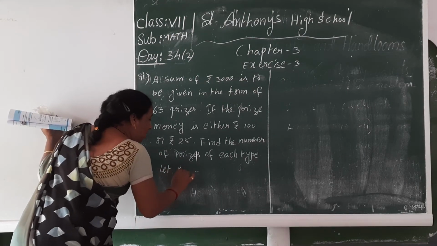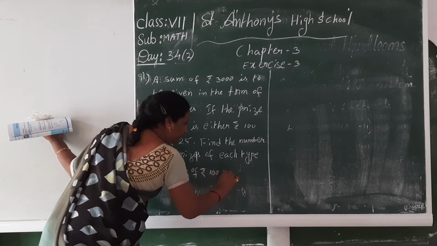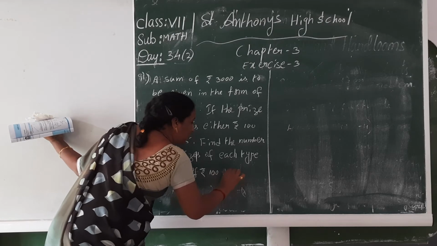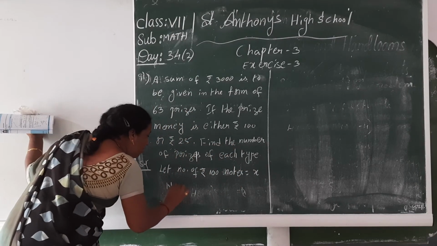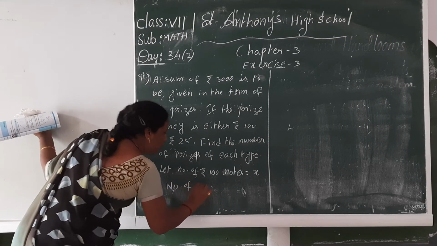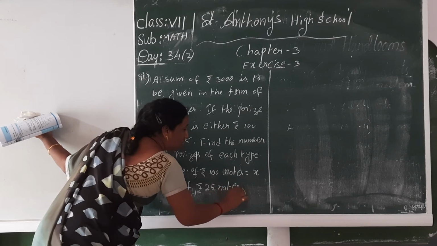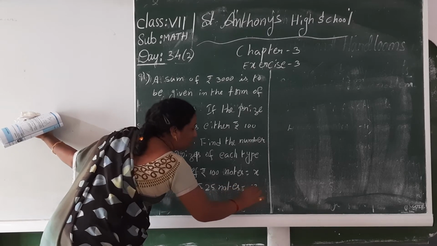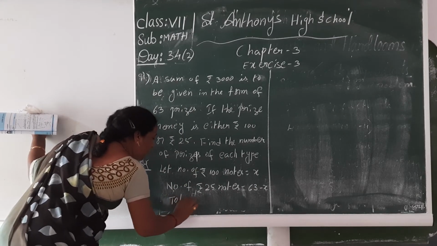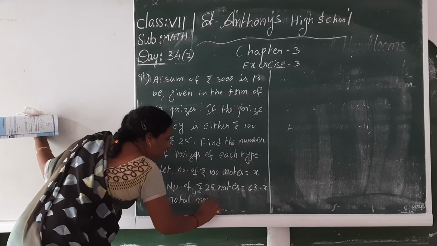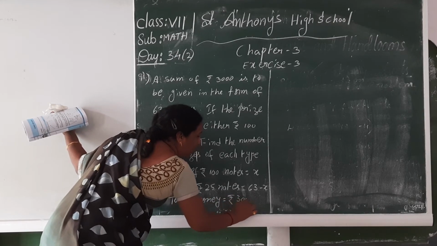Let the number of 100 rupee notes be x and number of 25 rupee notes be 63 minus x. Total money is ₹3,000.